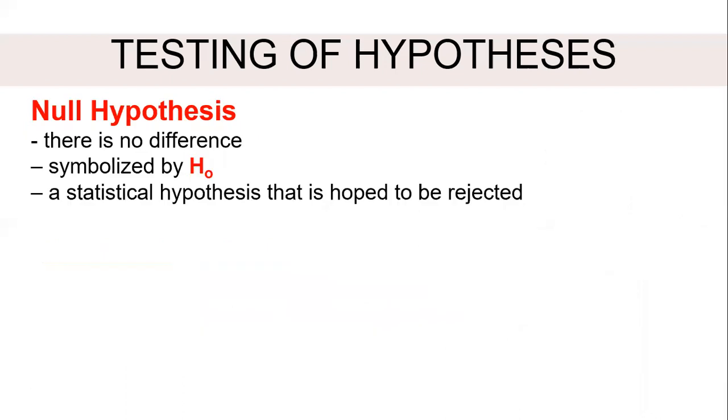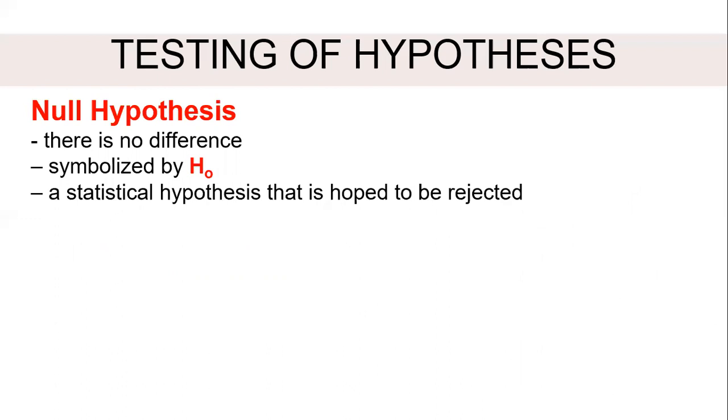Now, we have two types of hypothesis. The first one is what you call the null hypothesis. In the null hypothesis, as you would see more often in some journals or studies, it is actually saying that there is no difference.